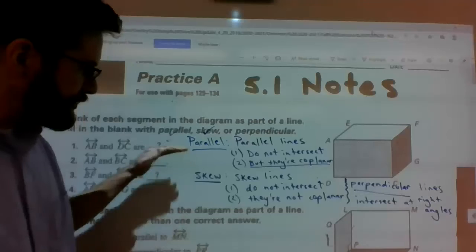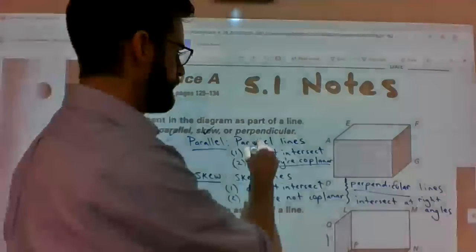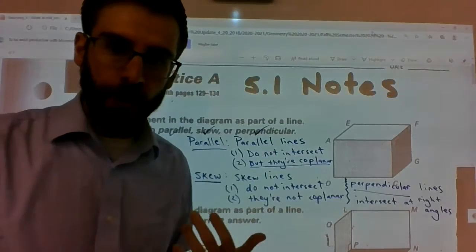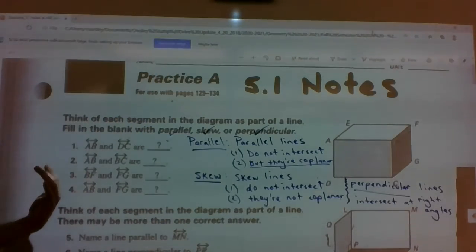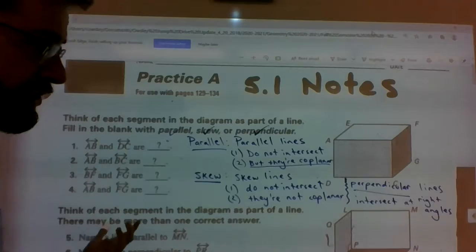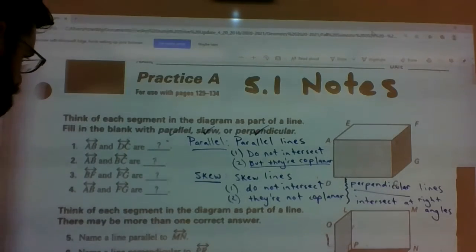So we've got these 3 definitions for these 3 types of lines that can interact with one another. So we're filling in the blank if they're either parallel, skew, or perpendicular.